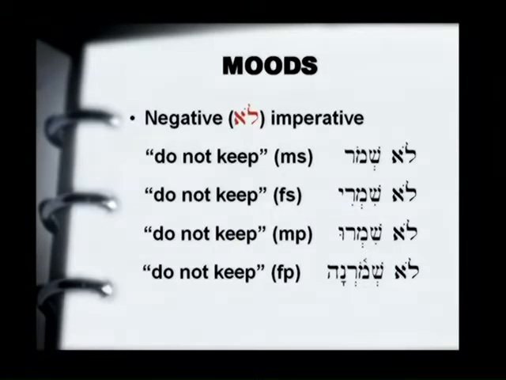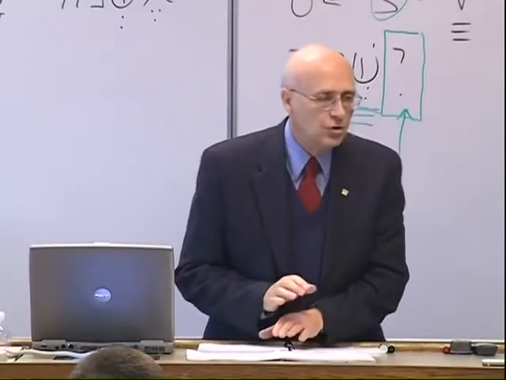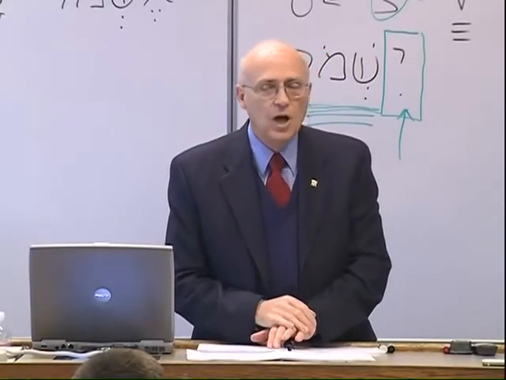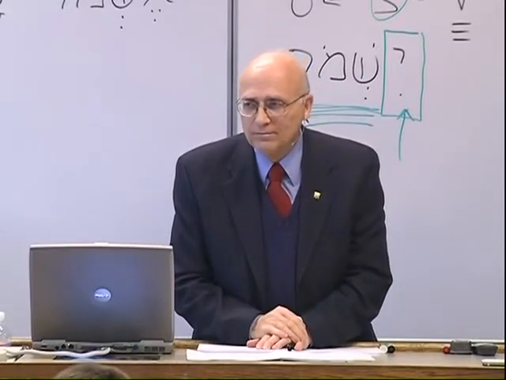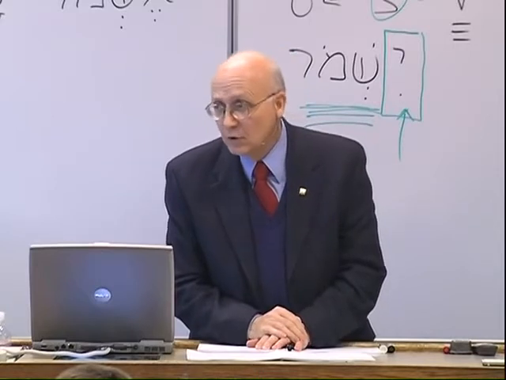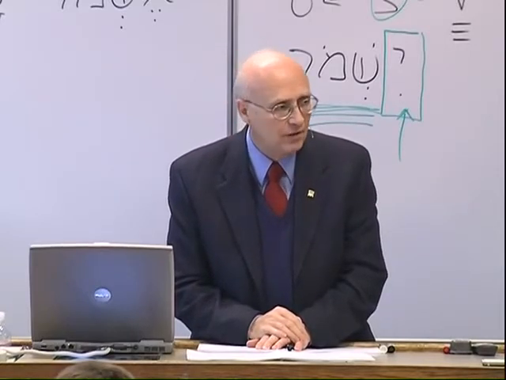Why? It is what we call the objective permanent negative. Lo is the objective permanent negative. In many contexts, it has the idea of never. It is that permanent. For example, in the Hebrew, when Joshua in chapter 1 says do not be afraid, he does not use lo, because he's not saying never be afraid in any situation.